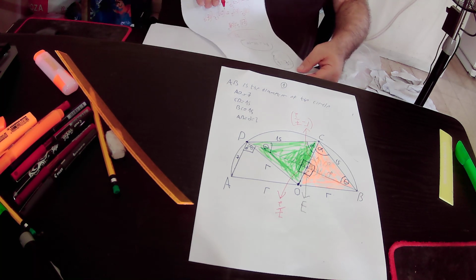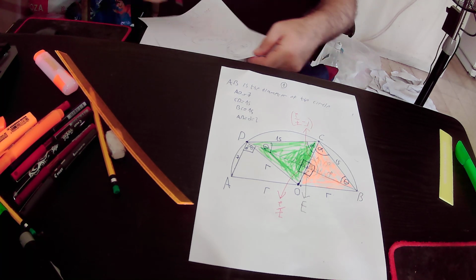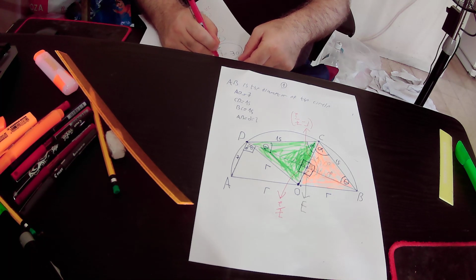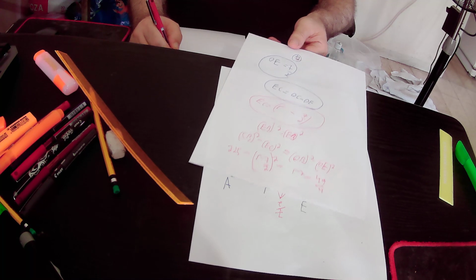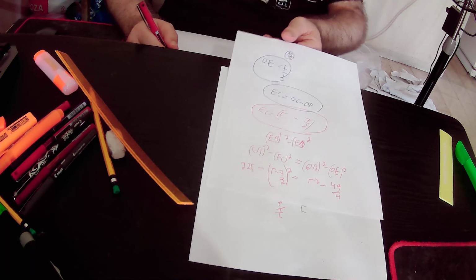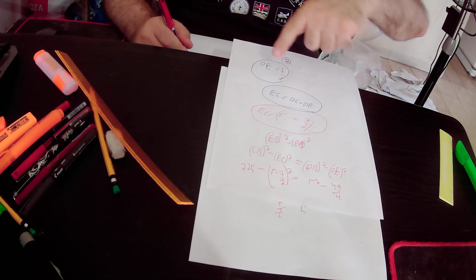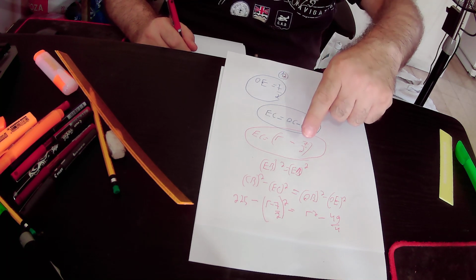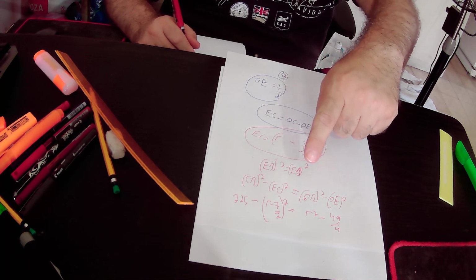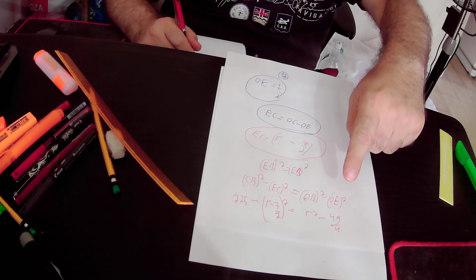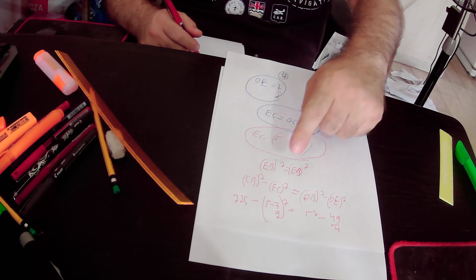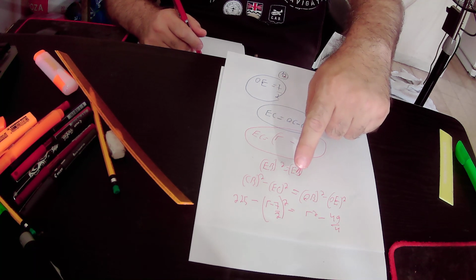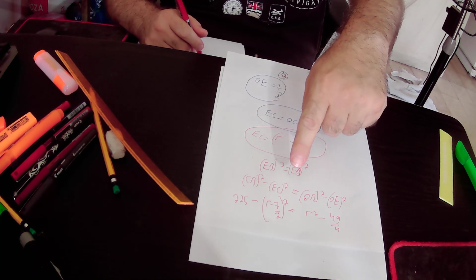So in total we got this equality: 225 minus (R minus 7 over 2) squared equals R squared minus 49 over 4. Here we will calculate the value of (R minus 7 over 2) squared.